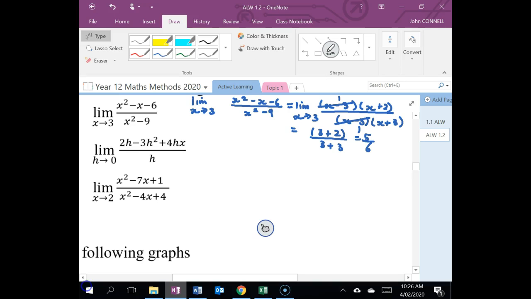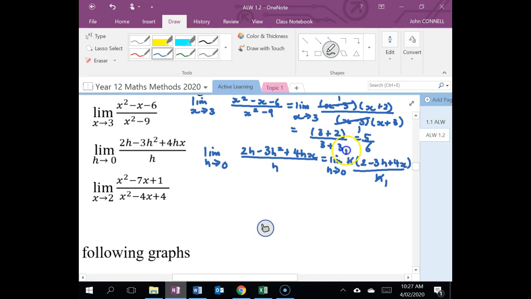Then, if I have the limit as h goes to 0 of 2h take 3h squared plus 4hx over h, that's going to equal the limit as h goes to 0 of h outside of 2 take 3h plus 4x all over h.